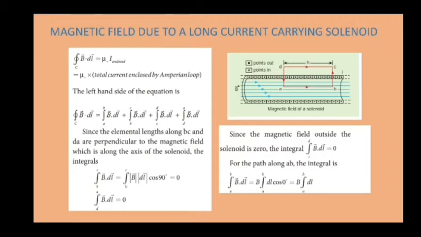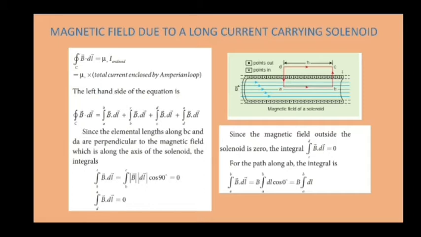Then the left hand side of the equation, closed integral of B vector dot dl vector, is equal to integral of A to B B vector dot dl vector plus integral of B to C B vector dot dl vector plus integral of C to D B vector dot dl vector plus integral of D to A B vector dot dl vector. So அந்த rectangular loopல நம்ம என்ன செய்றோம்னா அந்த every sideையும் நம்ம integral எடுக்கிறோம்.